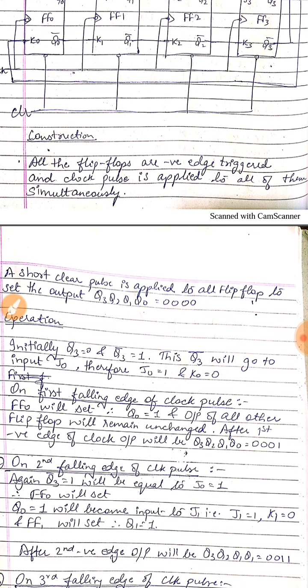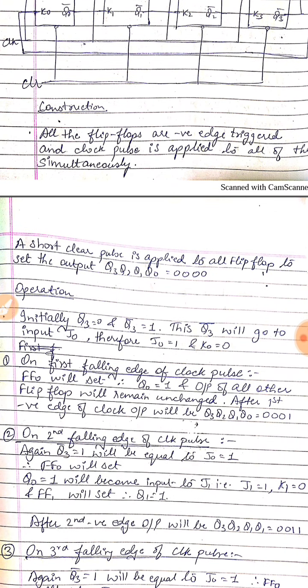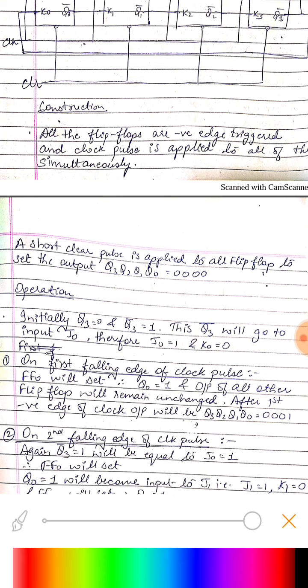All the flip-flops are negative edge triggered, as we have already seen what is negative edge, and the clock pulse is applied to all of them simultaneously. So initially all of them have zeros, so it will be 0 0 0 0.